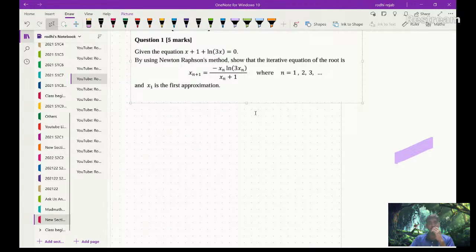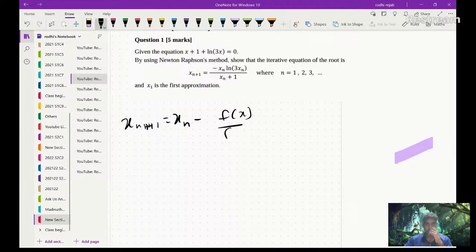Okay. So for this question, we have to prove this equation. Let's put aside first the formula for Newton-Raphson, which is x_{n+1} equals x_n minus f(x) over f'(x). Correct, right? Okay.